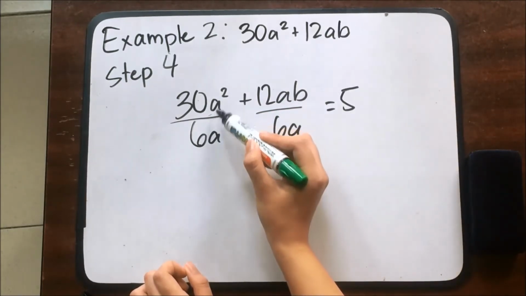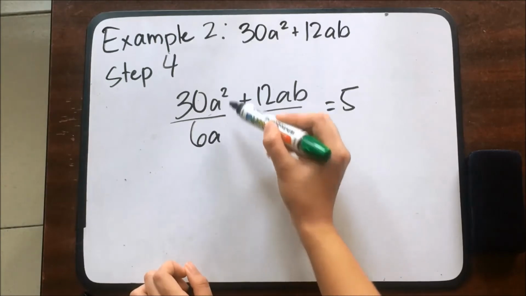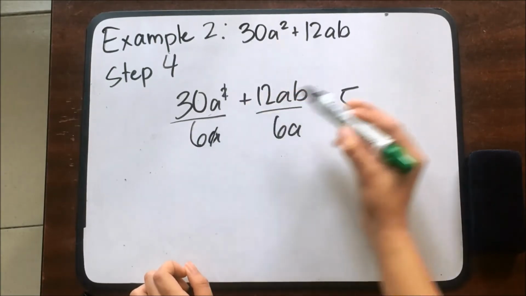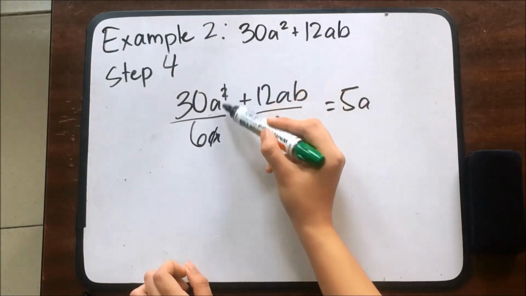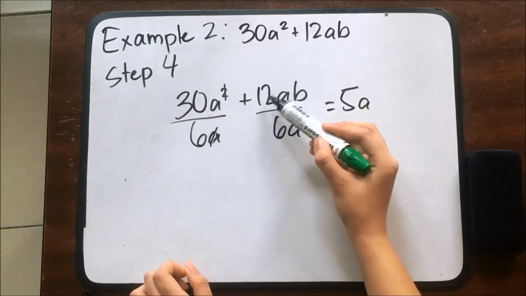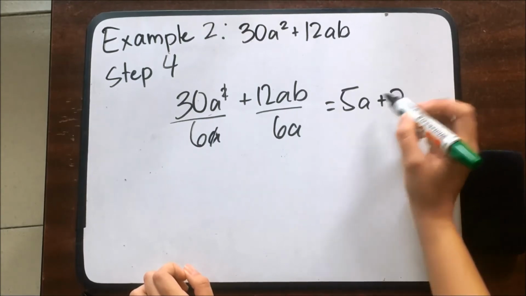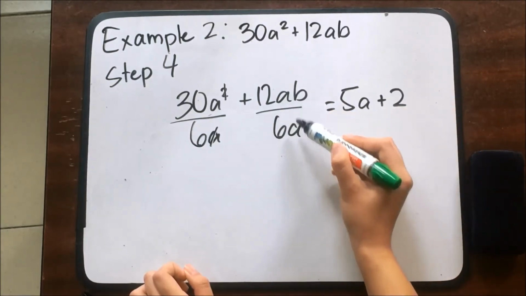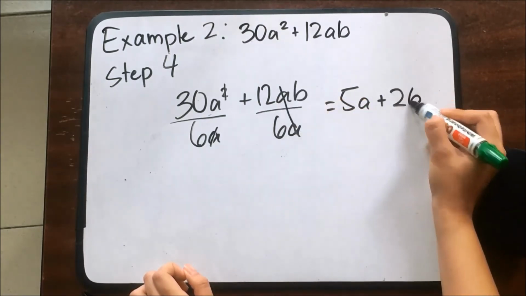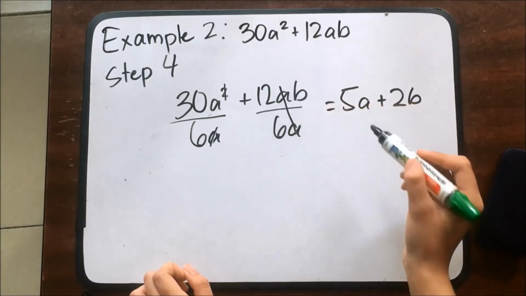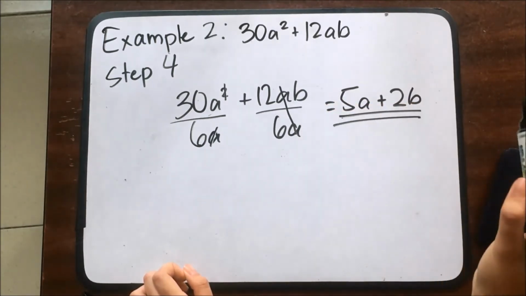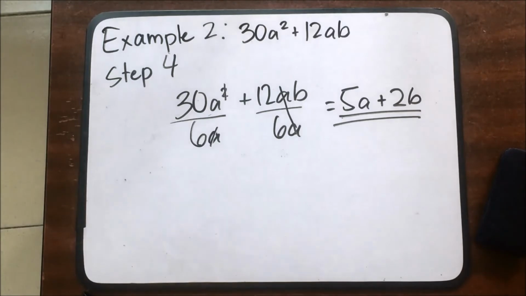And then a squared divided by a is equals to a. That will be cancelled out. So 12 divided by 6 is equals to positive 2. And then ab divided by a is equals to b. The a will be cancelled out. So here's the quotient, 5a plus 2b.